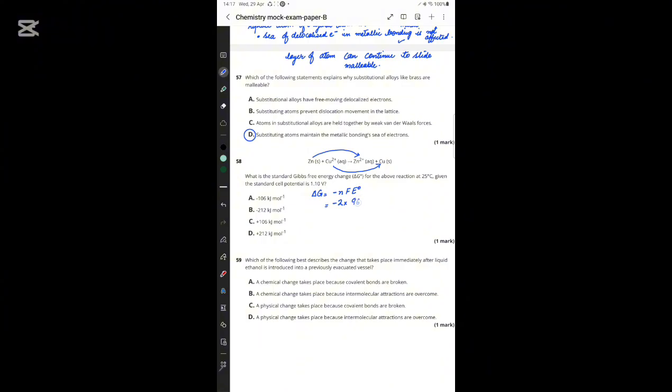Faraday's constant is 96,500 and E naught value is 1.10. So the answer that comes out to be is minus 212,267 joules per mole. And when we convert it into kilojoules, that one comes out to be minus 212.267 kilojoules per mole, and the answer is going to be B.